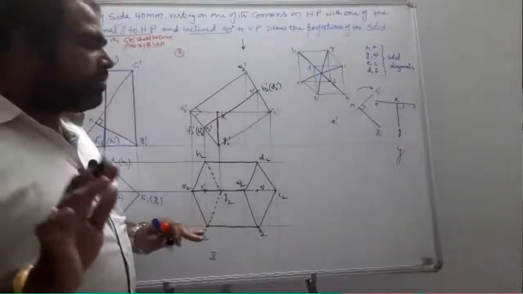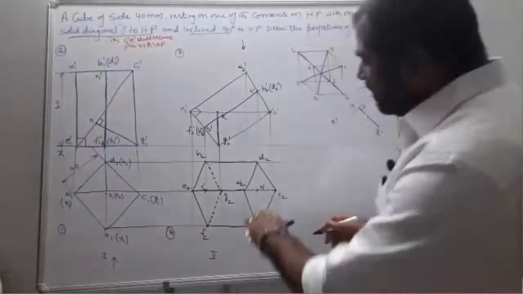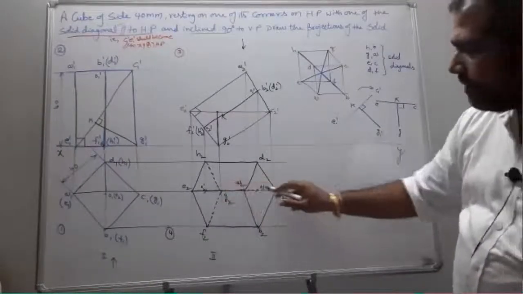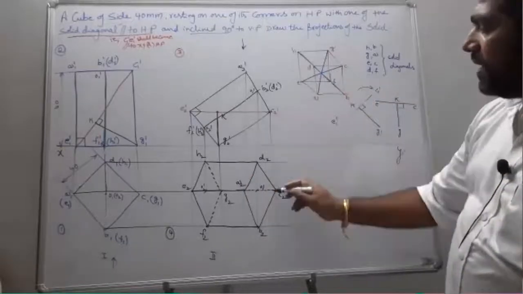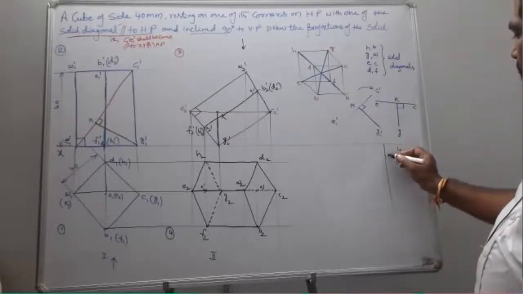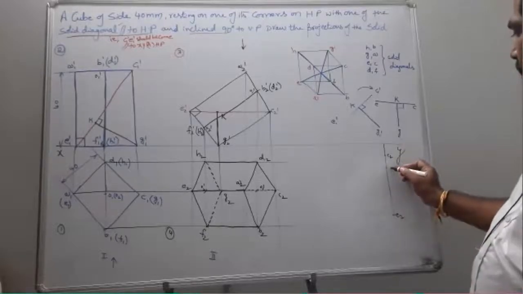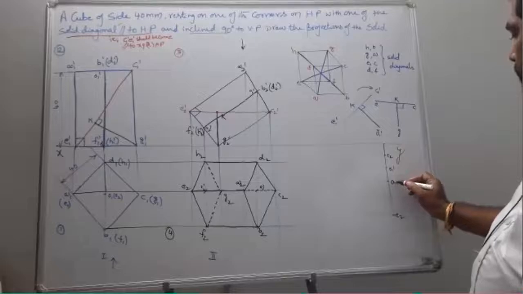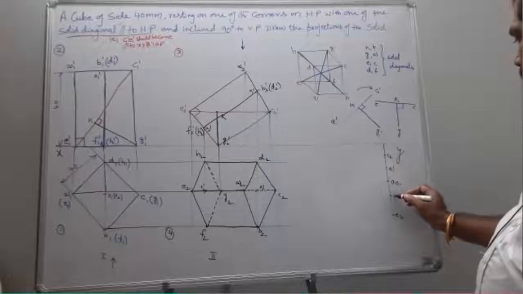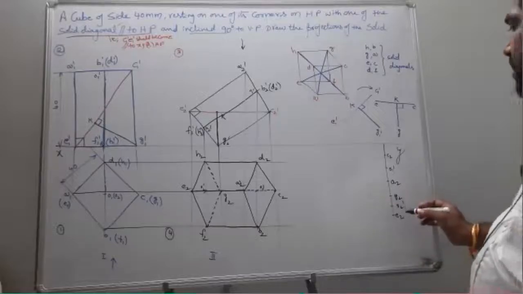Or you are not supposed to go for auxiliary. If you go for change of position, you are supposed to reconstruct the figure in such a way that CE comes to here. This CE line is going to be perpendicular. Why? Because 90 degrees means it is perpendicular. So if you draw a line, this becomes your C2, this becomes E2, and this is O1 dash, A2, G2 and O2 dash, and you can reconstruct the figure.